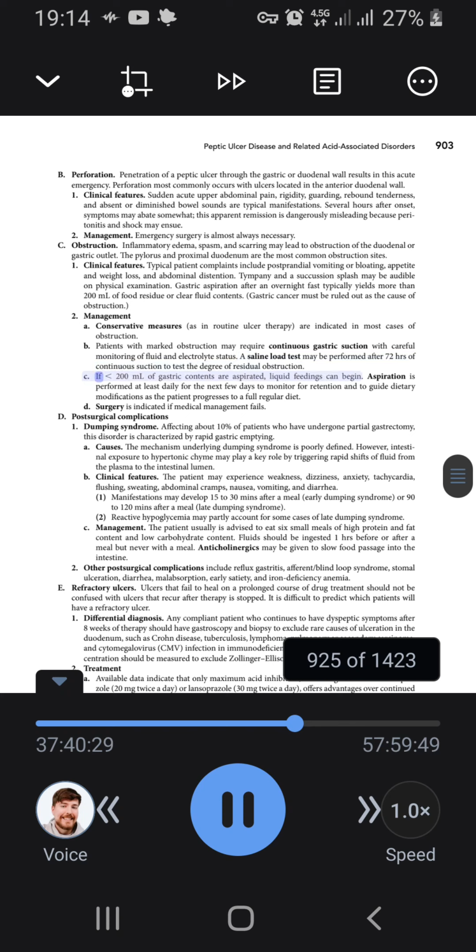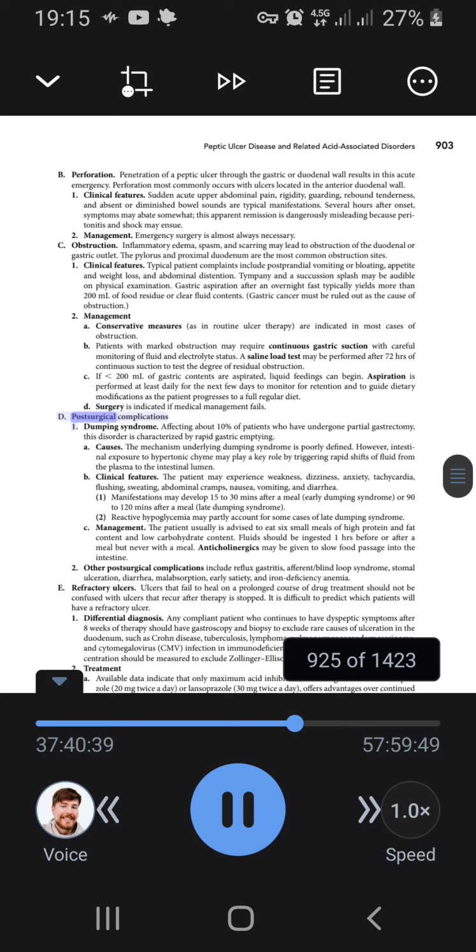C. If less than 200 milliliters of gastric contents are aspirated, liquid feedings can begin. Aspiration is performed at least daily for the next few days to monitor for retention and to guide dietary modifications as the patient progresses to a full regular diet. D. Surgery is indicated if medical management fails.